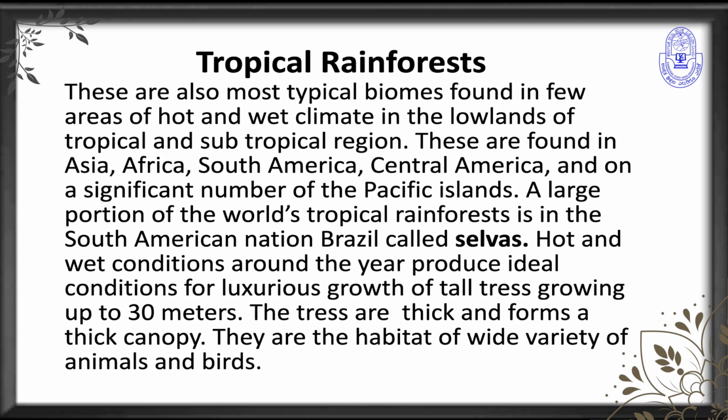A large tropical rainforest in the South American nation Brazil is called selvas. Hot and wet conditions around the year produce ideal conditions for luxuriant growth of tall trees growing up to 30 meters. The trees are thick and form a thick canopy. They are the habitat of a wide variety of animals and birds.